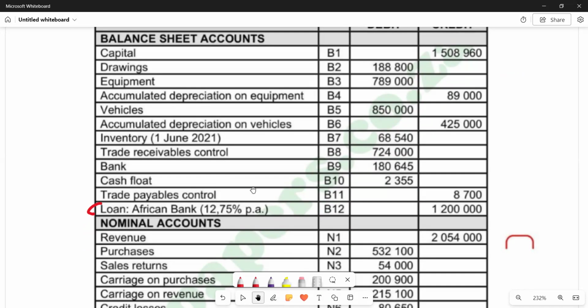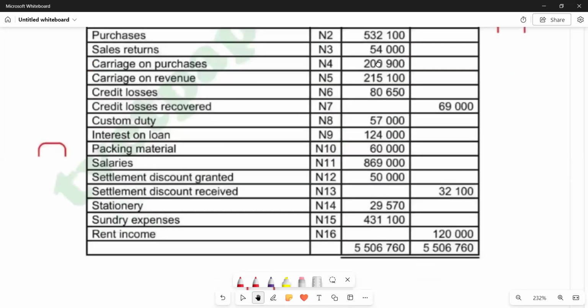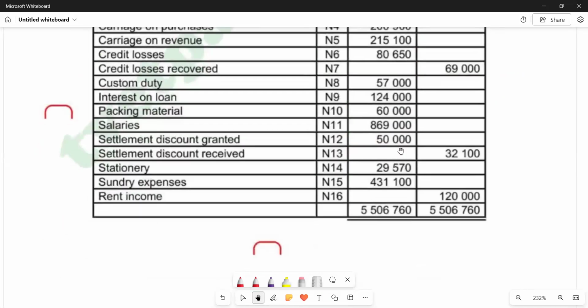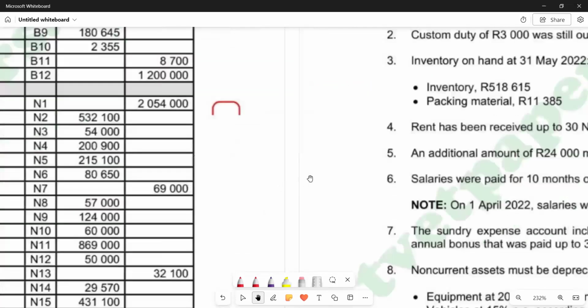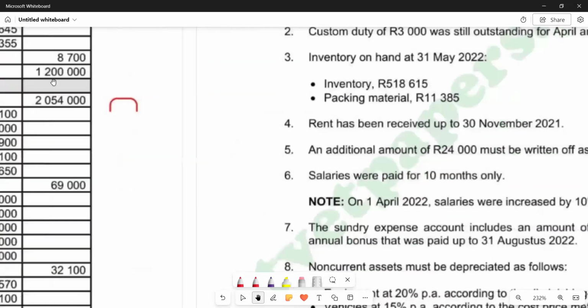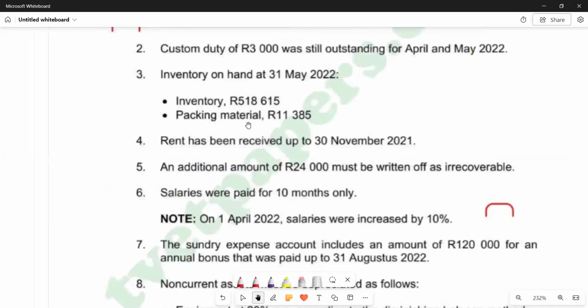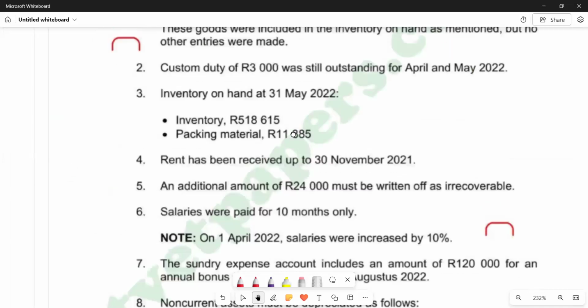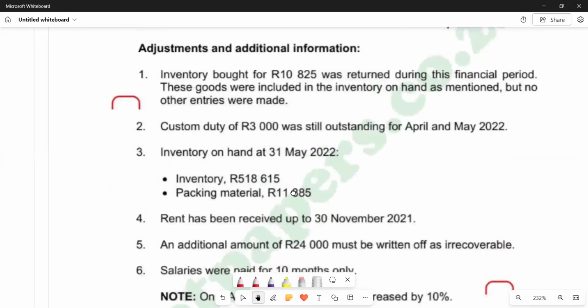But let's go to additional information and try to see. We can go item by item to see where we have something explaining interest on loan.